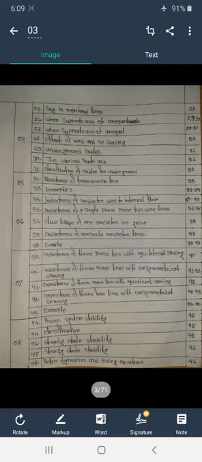Inductance: inductance of a conductor due to internal flux, inductance of a single-phase two-wire line, flux linkage of one conductor in a group, inductance of a three-phase conductor line.